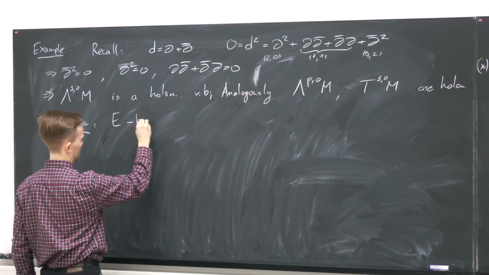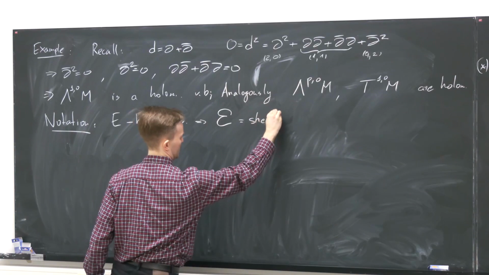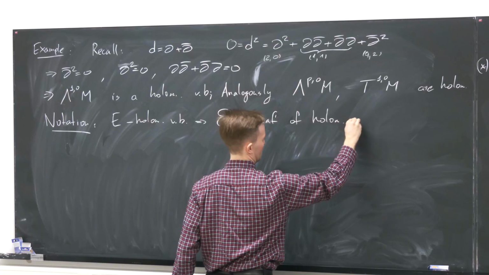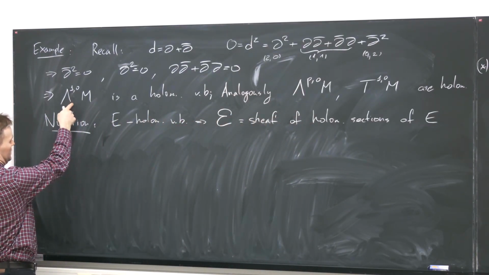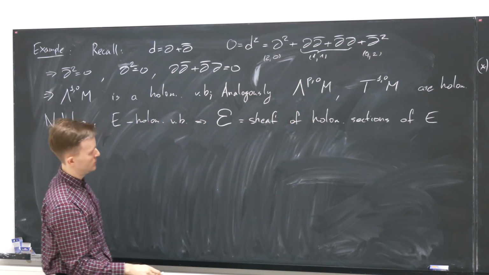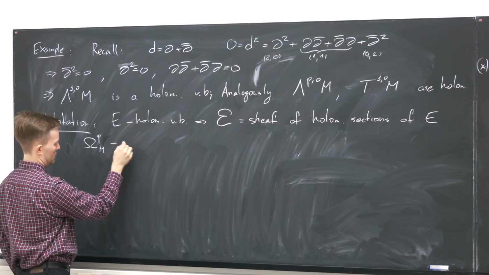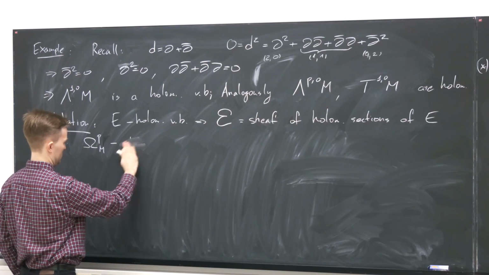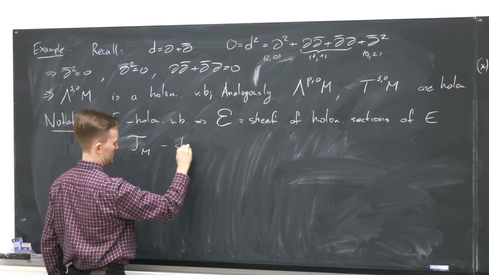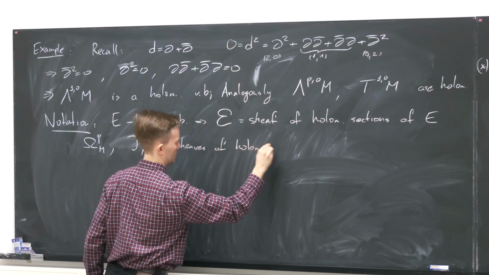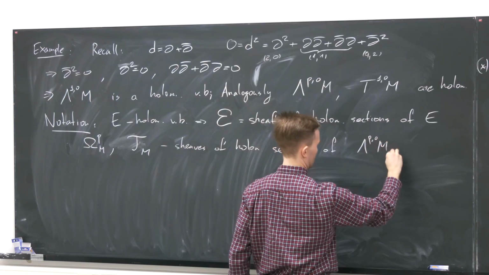So if E is a holomorphic vector bundle, then I'll write curly E for the sheaf of holomorphic sections of E. In particular, the sheaf of holomorphic sections of Lambda^{p,0} M will be denoted Omega^p M, and for T^{1,0} I'll write curly T M. So these are sheaves of holomorphic sections of Lambda^{p,0} and T^{1,0}.